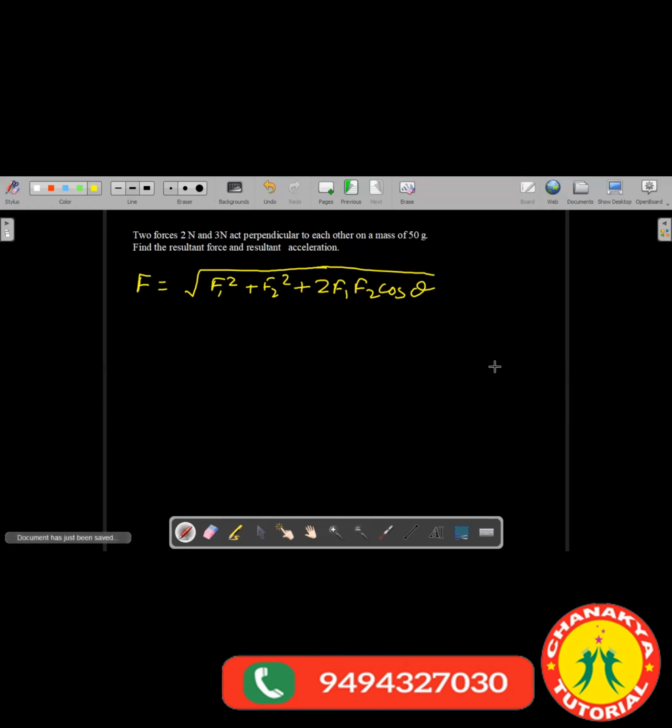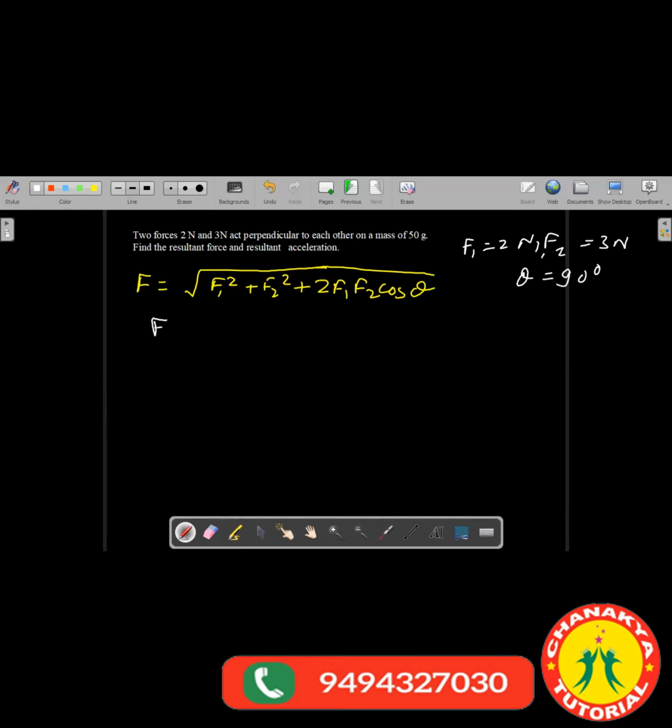We put here the value of theta as 90 degree, and we know the value of F1 and F2. Here F1 equals 2 Newton, F2 equals 3 Newton, and theta equals 90.